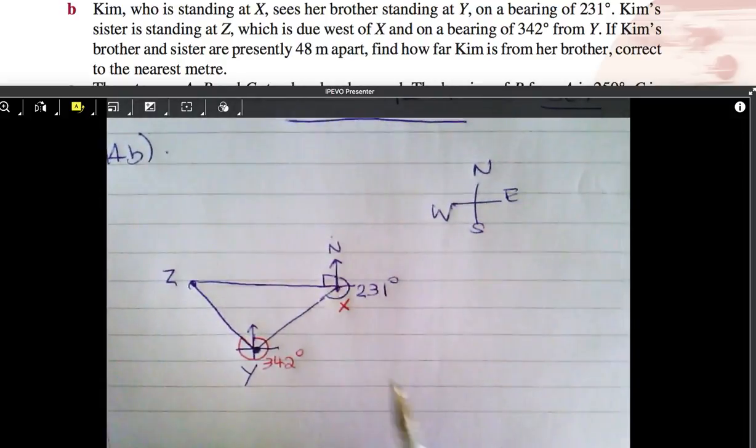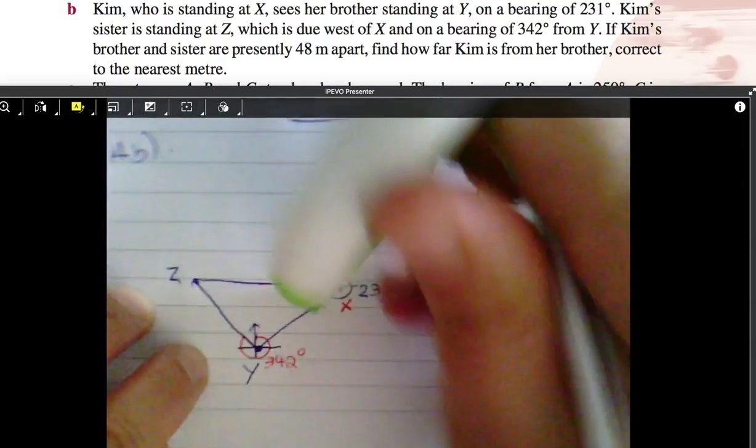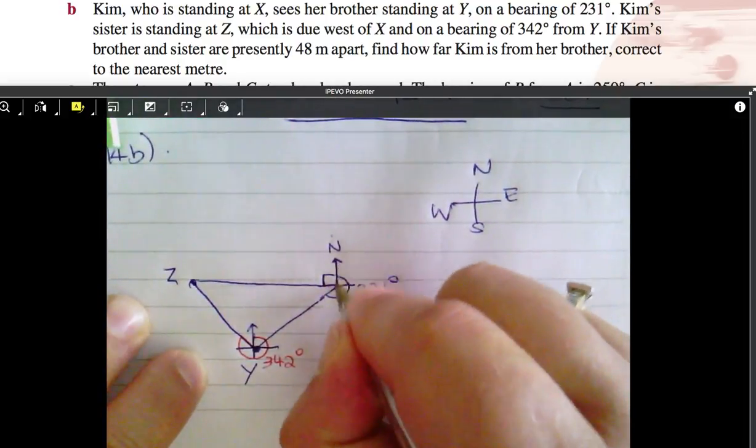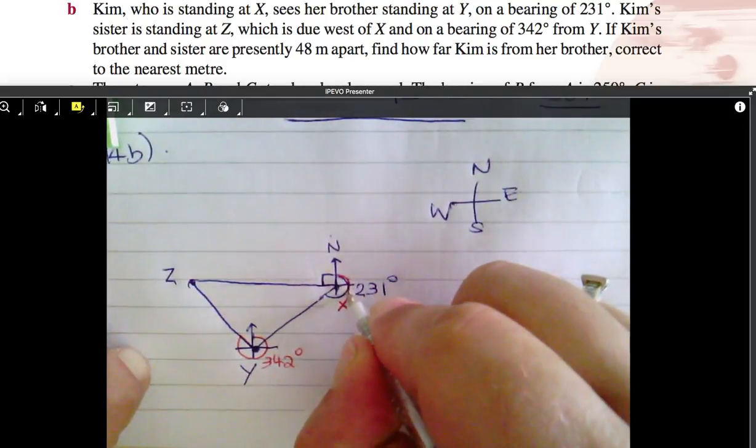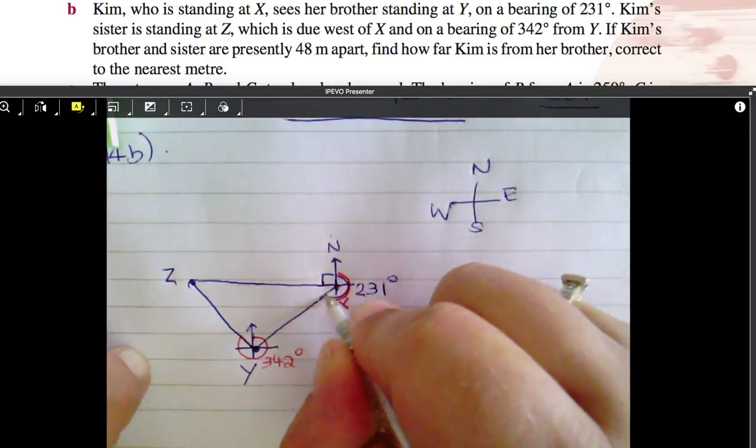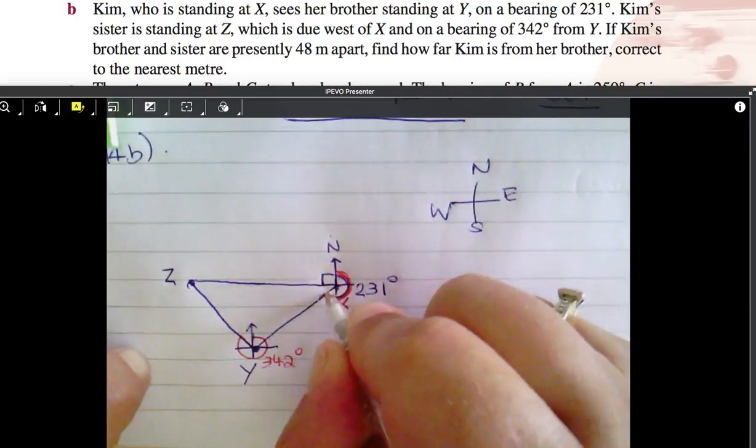So that is a 90-degree angle here. Now, because you know that's west and that's a 90-degree angle, we also know that all the way around here is 231.